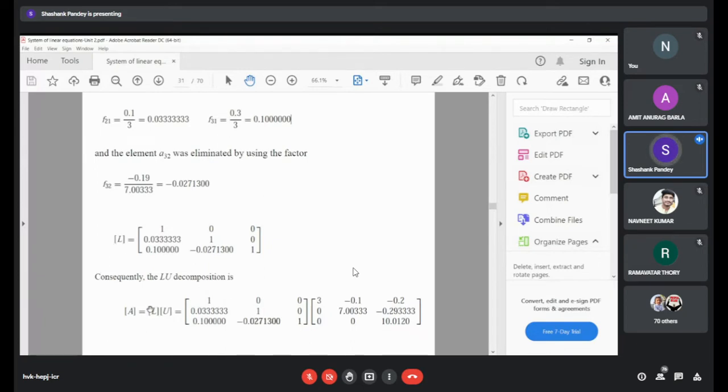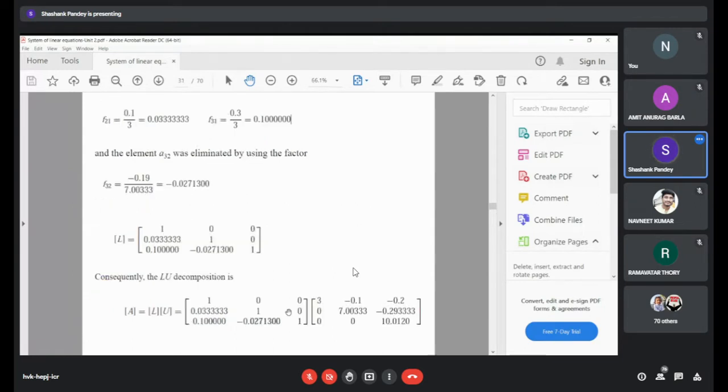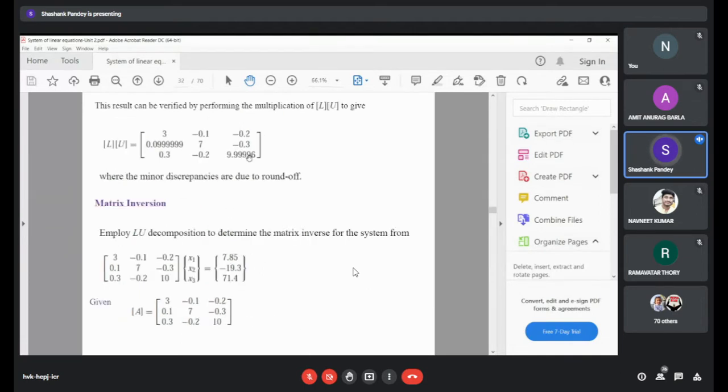So here we can see the LU decomposition of this matrix is nothing but we have combined these two terms, the upper triangular matrix and the lower triangular matrix, in a single matrix.